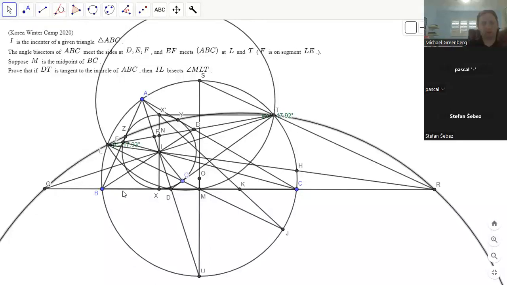We would want to show QB times QC over QD times QM is the same with point R. I like the idea, but I'm not sure if it's that easy.